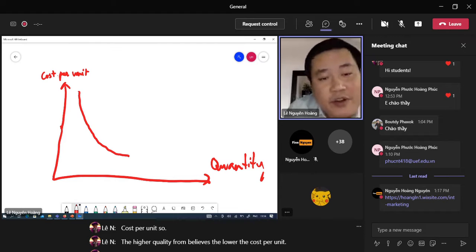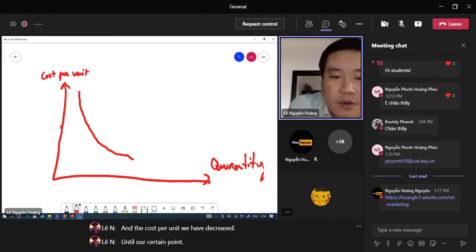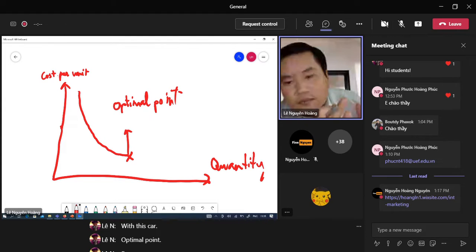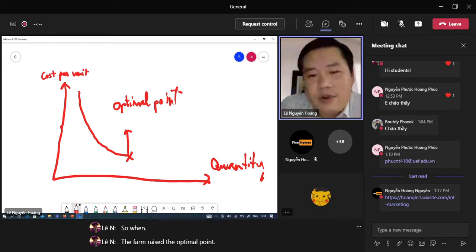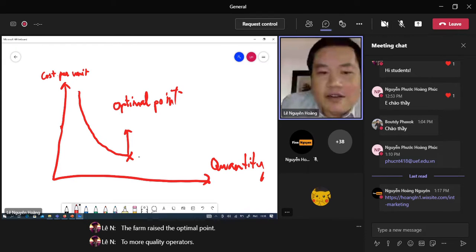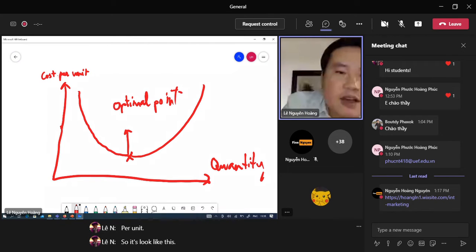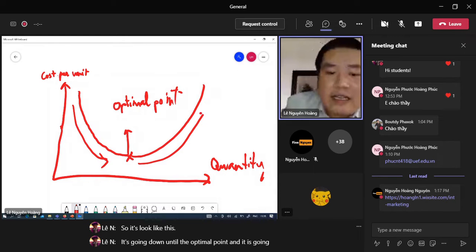And the cost per unit will decrease until a certain point, which is called the optimal point. When the firm reaches the optimal point, the more quantity it produces, the higher the cost per unit. So it looks like this. It's going down until the optimal point, and then it's going up again.